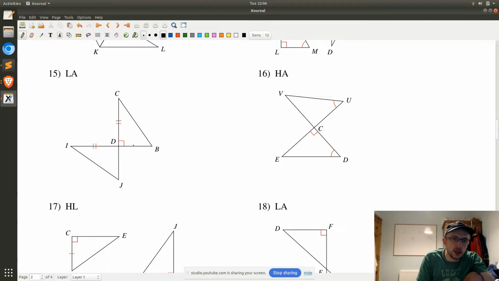For the leg angle theorem to hold, I'd have to know that that angle there is congruent to that angle there, and I'll just name them by single letters right now.